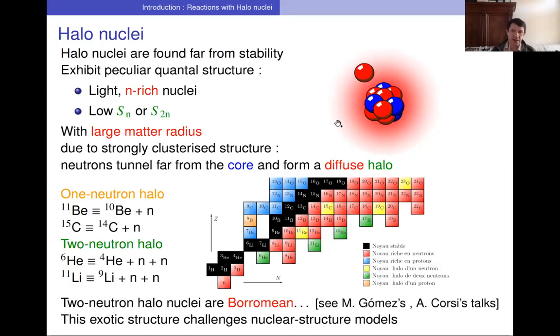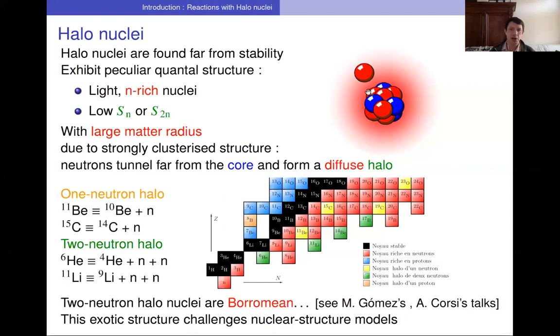So you can see them as a compact core to which 1 or 2 loosely bound neutrons are bound, and therefore form a sort of diffuse halo around that compact core.